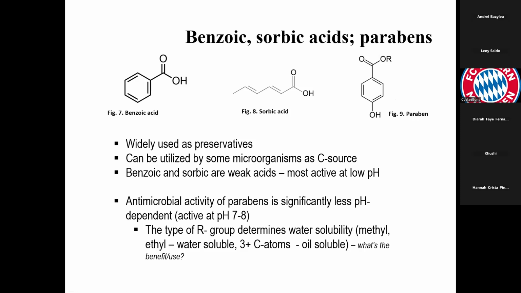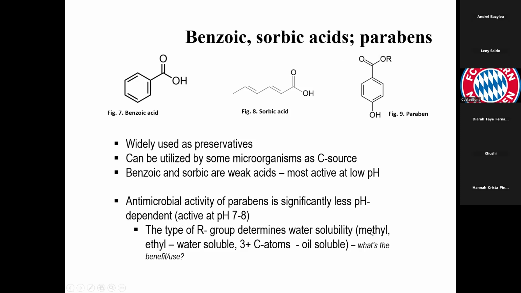So if the cosmetic product happens to separate into two phases, oil and water, you will have both types of chemicals following into the oil phase as well as into the water phase. So in this case, you will keep both phases protected. That is a very, very useful property.